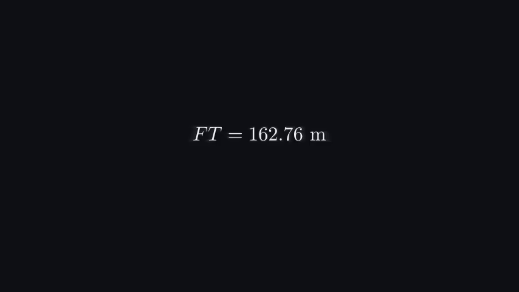FT equals 162.76 meters. FK equals 34.2 meters. Length of KT equals FT minus FK.